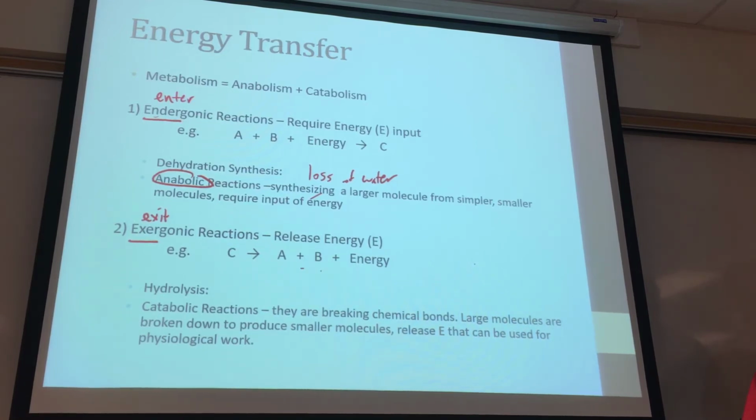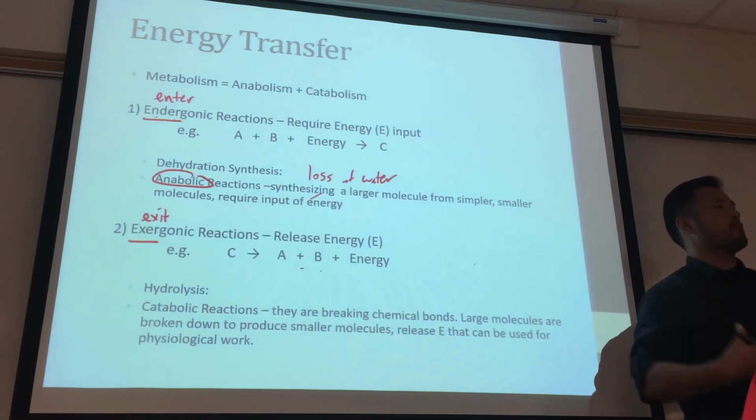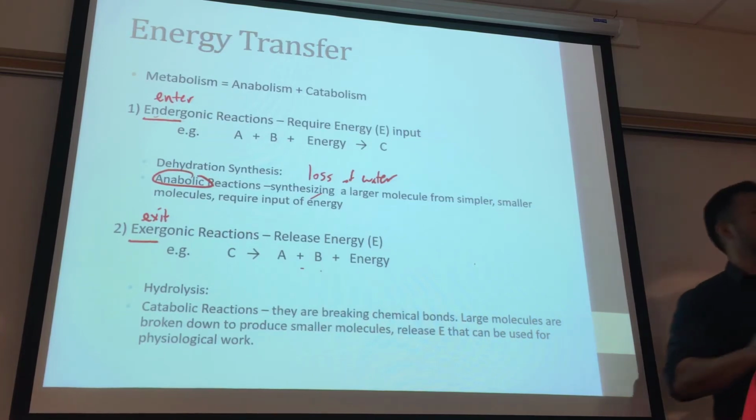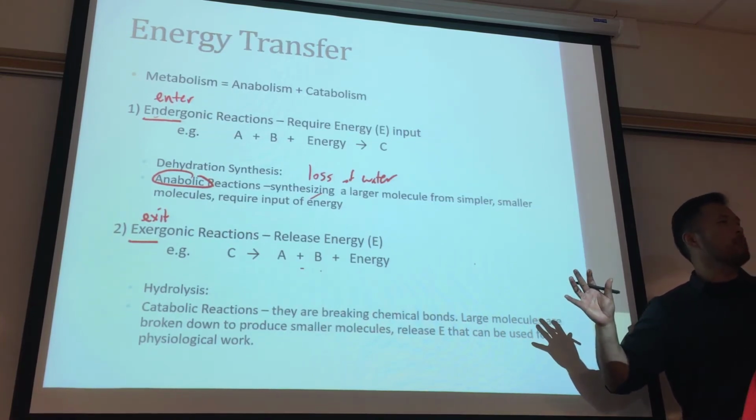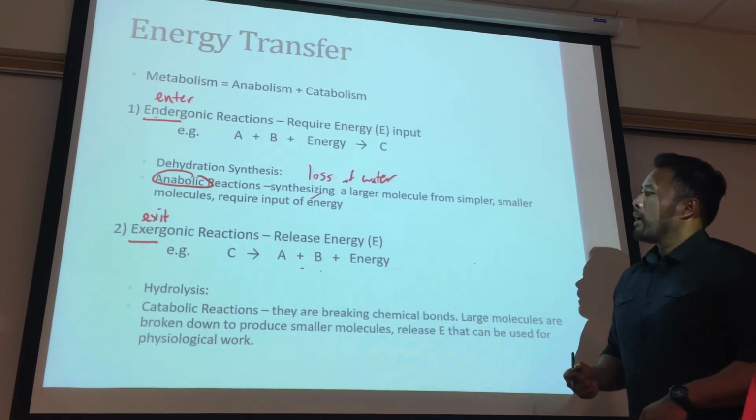Think of muscle, for instance, putting proteins together. Think of building a starch molecule. You're putting things together. You're constructing them. We'll be able to see these molecules a little bit later on, so hopefully that'll clarify that in just a minute.